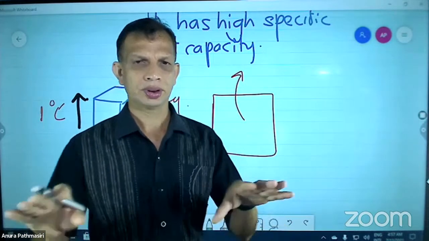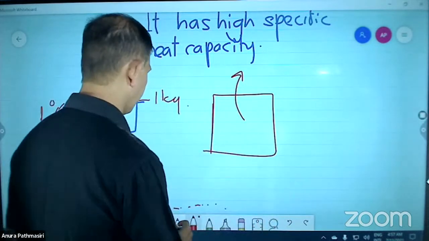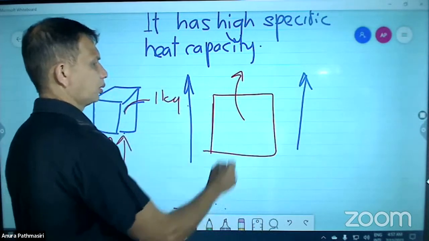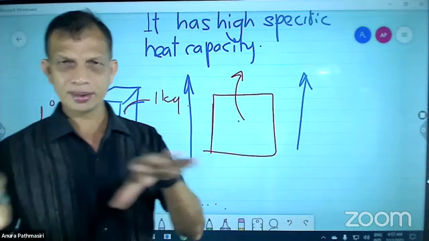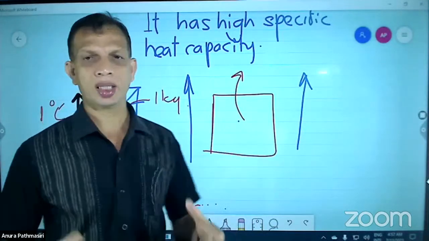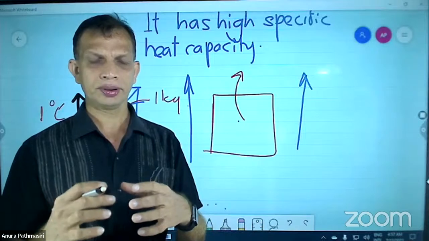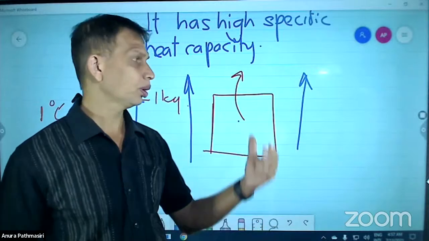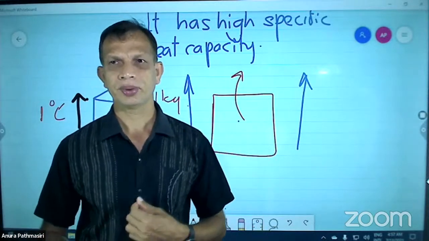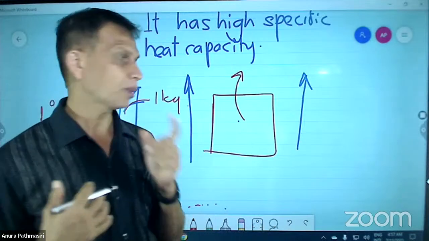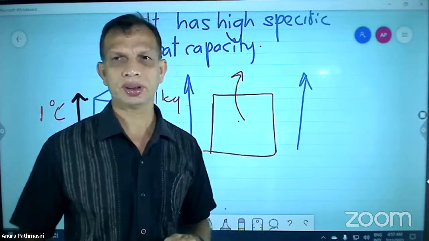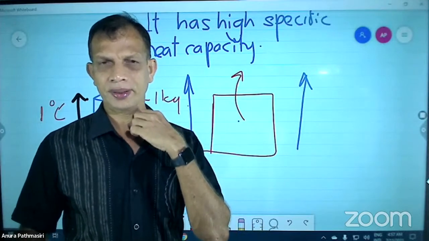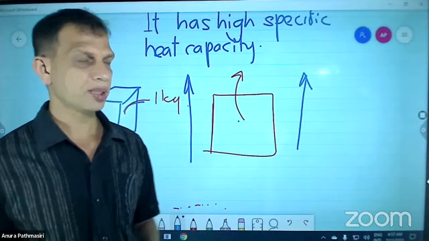Even though the outside temperature might be going up, the body temperature remains steady, because a sudden increase of heat energy in the outside environment would not affect the body temperature, since the body has to absorb more heat energy to increase 1 degree Celsius. Specific heat capacity we will discuss in our heat lesson.